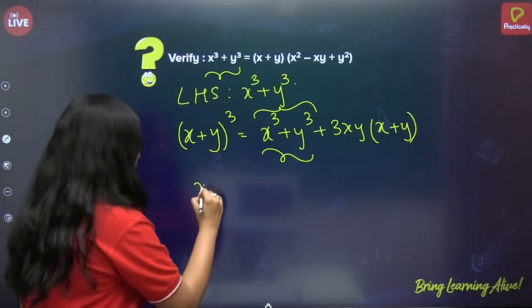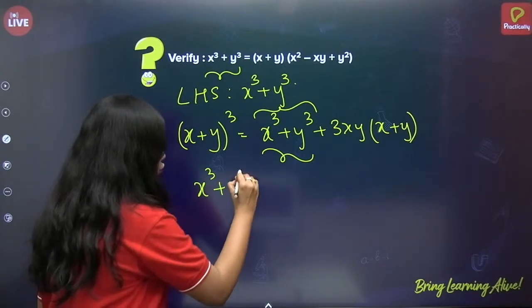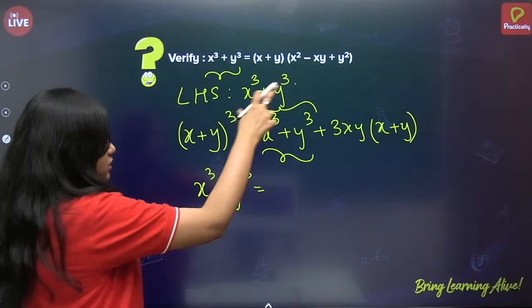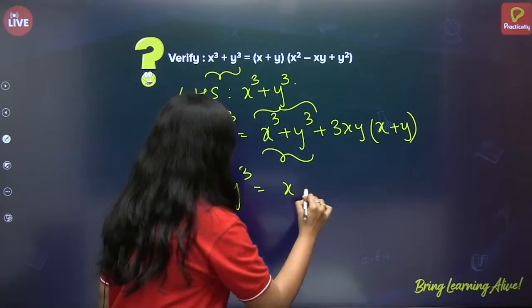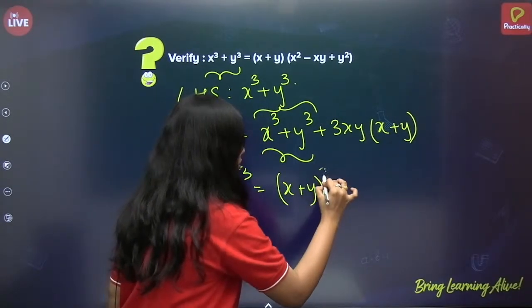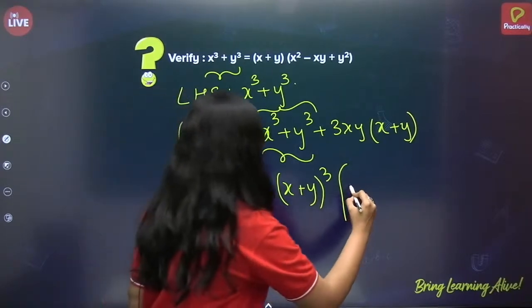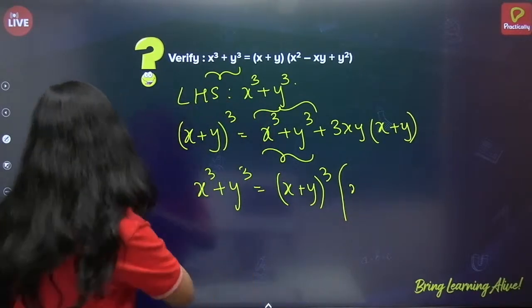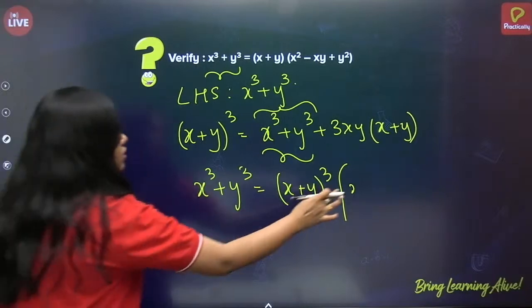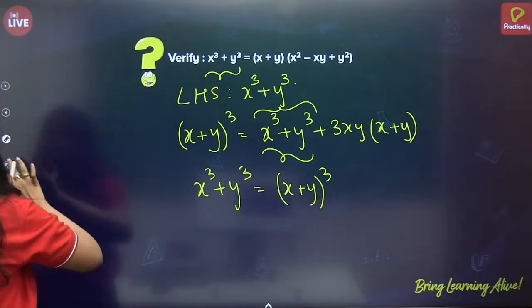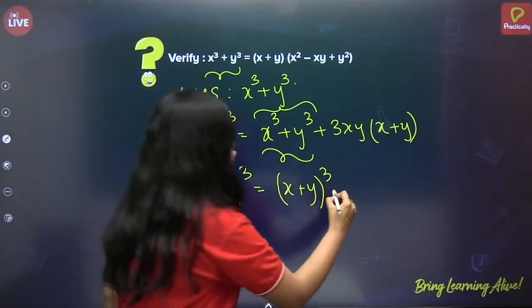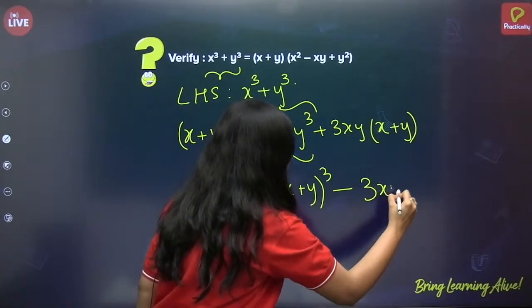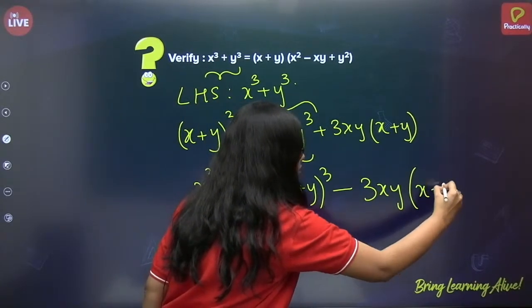So now x cube plus y cube is equal to, just transpose it, x plus y whole cube, sorry, not into, minus 3xy of x plus y.